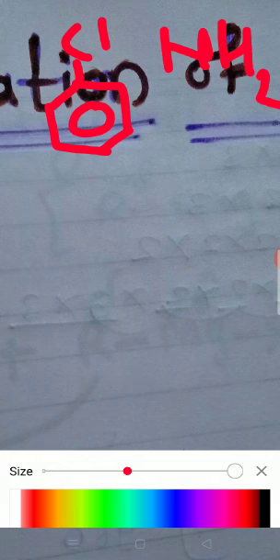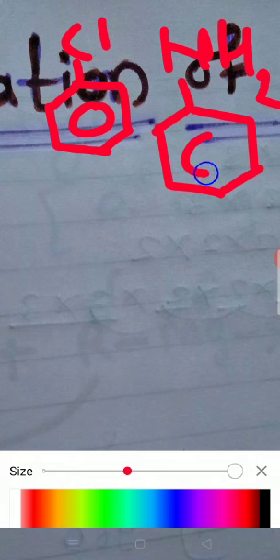Phenol is prepared from chlorobenzene, then aniline, then benzene sulfonic acid. This is a benzene sulfonic acid molecule.